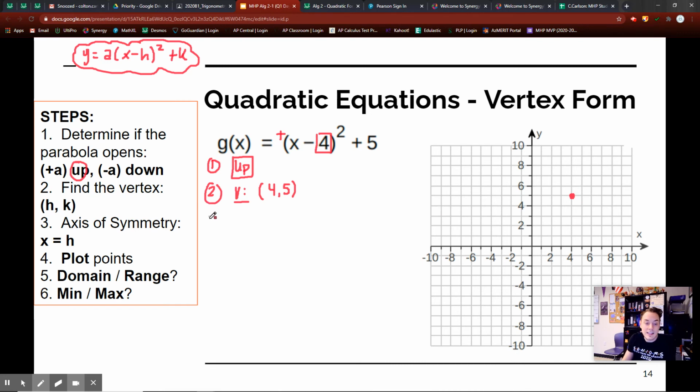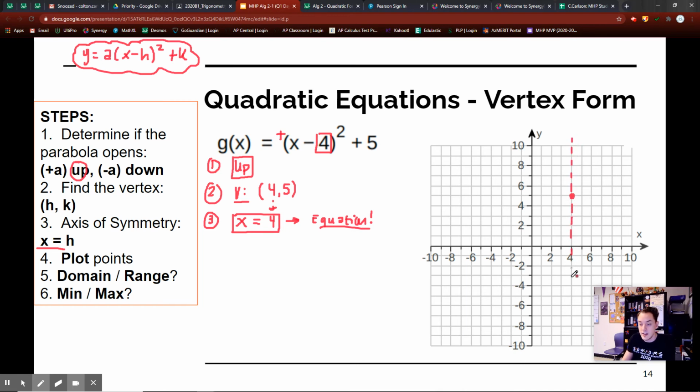My axis of symmetry is literally just x equals whatever my h value is. My h value is just 4, so I'm going to bring that down and say x equals 4. Now notice this is an equation, which means you must type it as an equation on Math Excel.